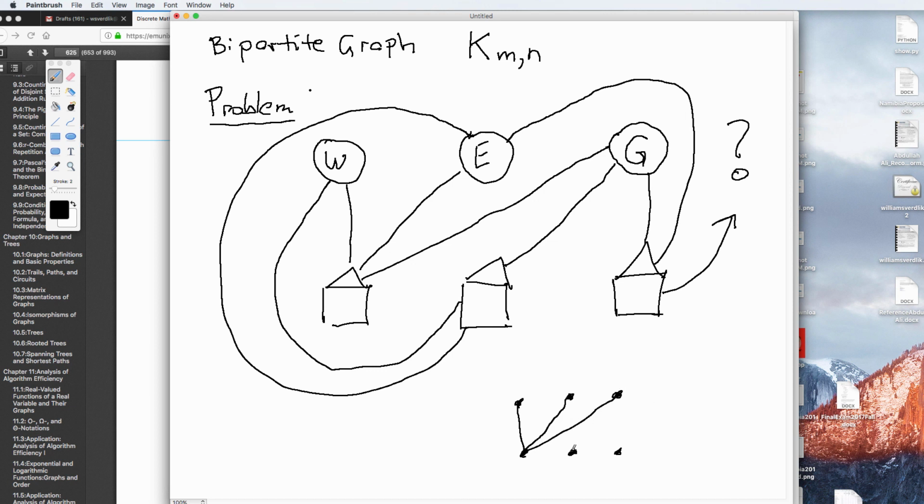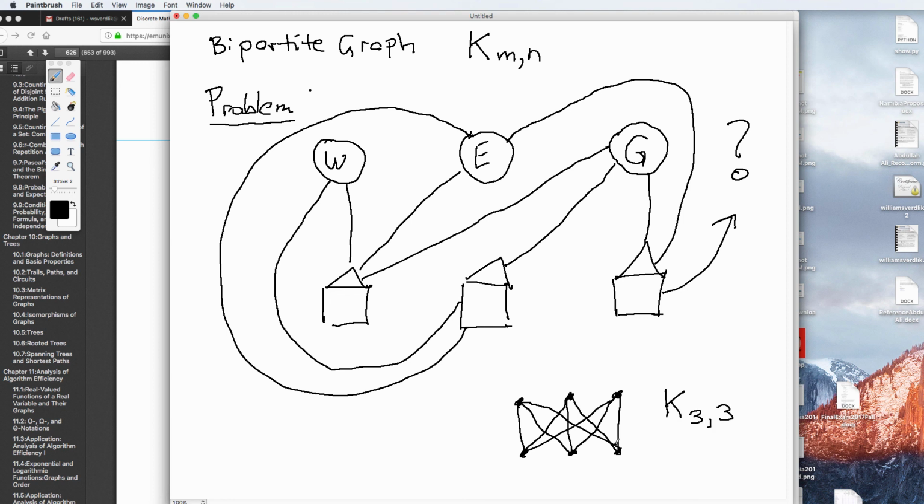and then I come over here, and I don't care if they cross, but I do this, and then I do that, and then I do that, and then I come over here, and I do this, and I do that, and I do that. This right over here is the bipartite graph K 3, 3.